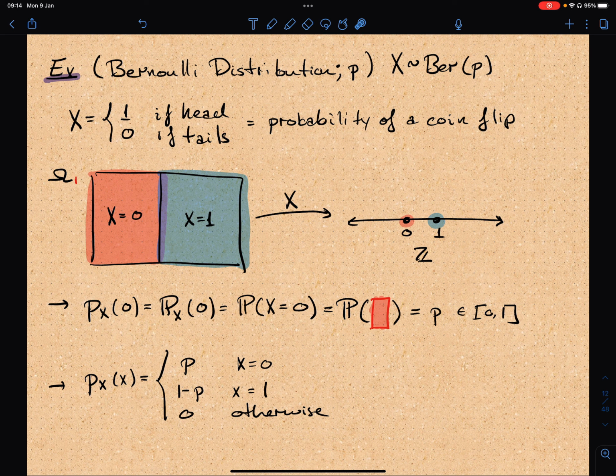Maybe it's windy, or you flip it really fast, but this somehow abstractly encodes all the possible initial conditions of your coin flip and anything that influences it.